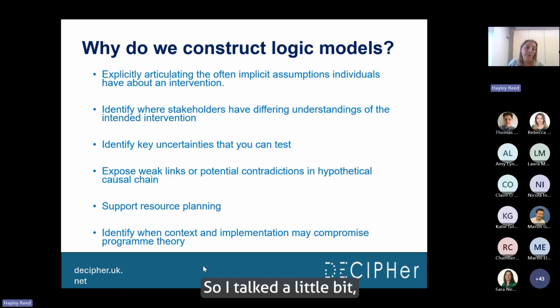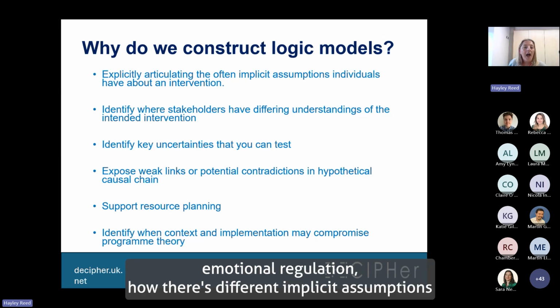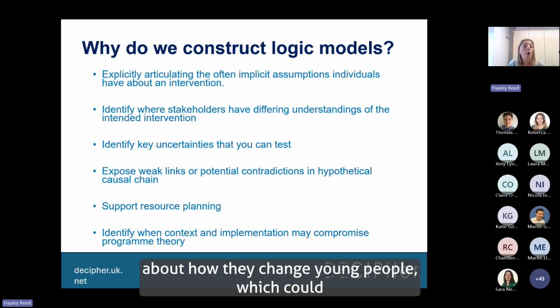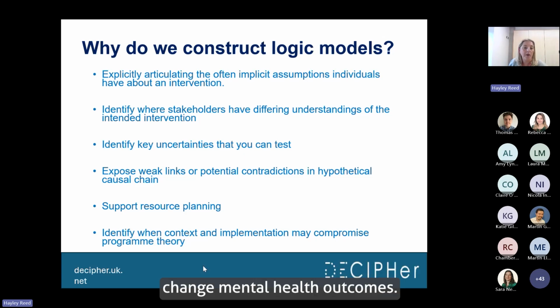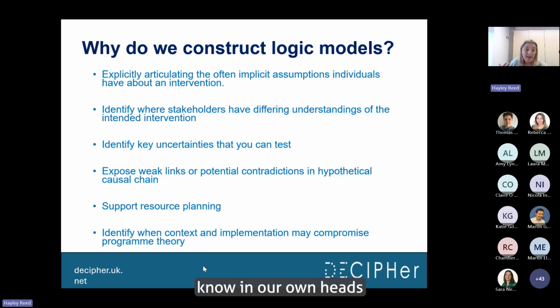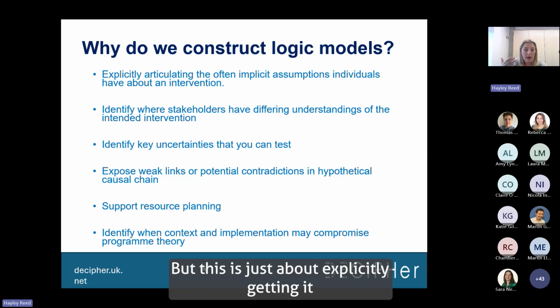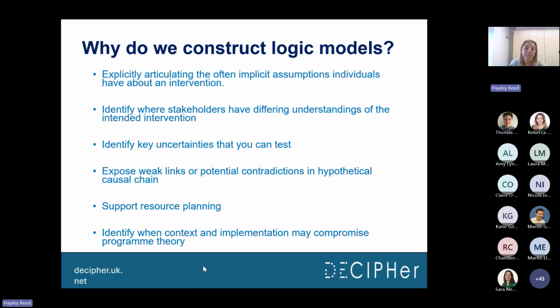So I talked a little bit just now about cognitive restructuring, behavioral activation, emotional regulation, and how there are different implicit assumptions about how they change young people, which could change mental health outcomes. Now, in some cases, we as a research team, or as service providers, all know in our own heads what we think those assumptions are, but this is just about explicitly getting it down on paper.